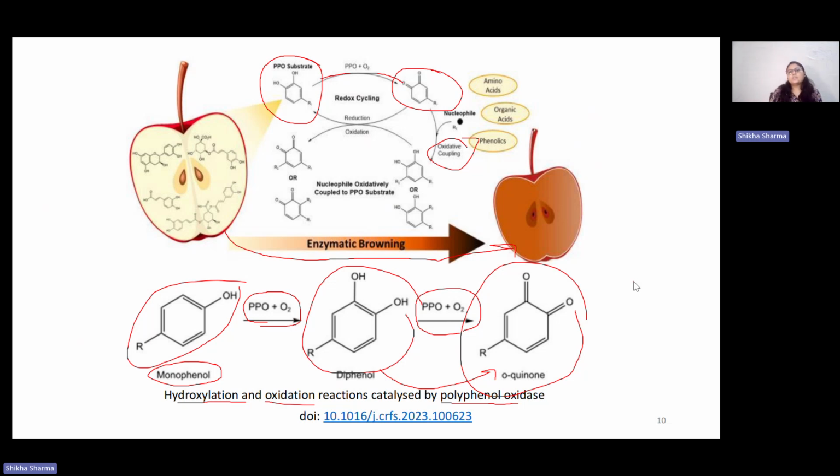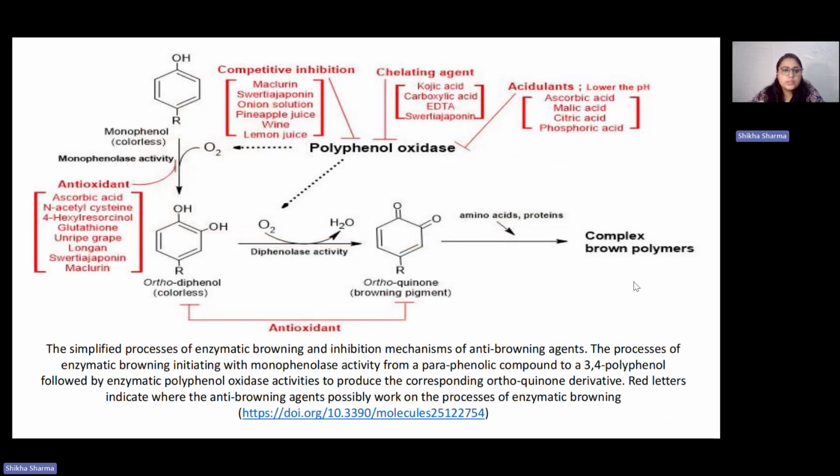So basically the oxidation process takes place, and in the presence of oxygen, polyphenol oxidase will act and convert certain products like the phenols into quinones. This is what is happening during the enzymatic browning.